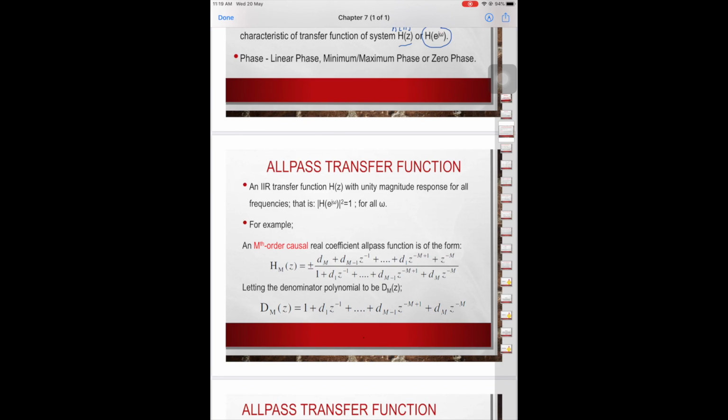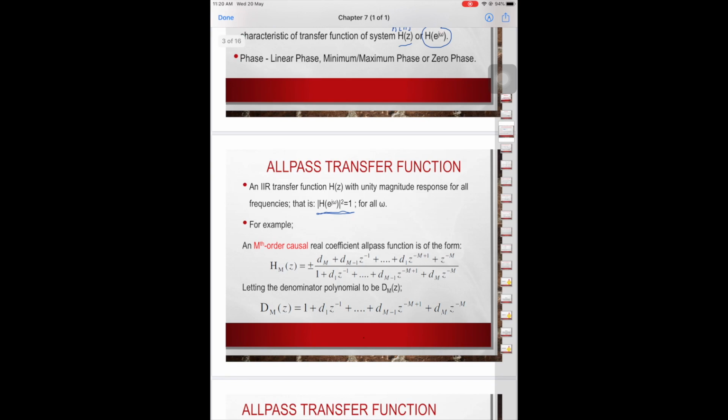It is an IIR transfer function H(z) with unity magnitude response for all frequencies, that is |H(e^jω)|² equal to 1 for all ω. This is the magnitude of the signal, and it must always equal 1 for all frequencies.